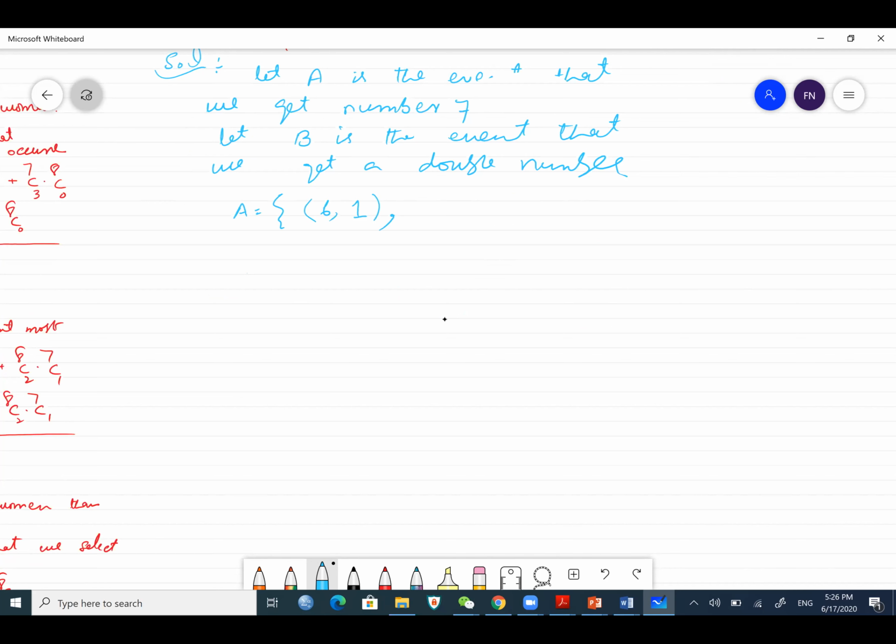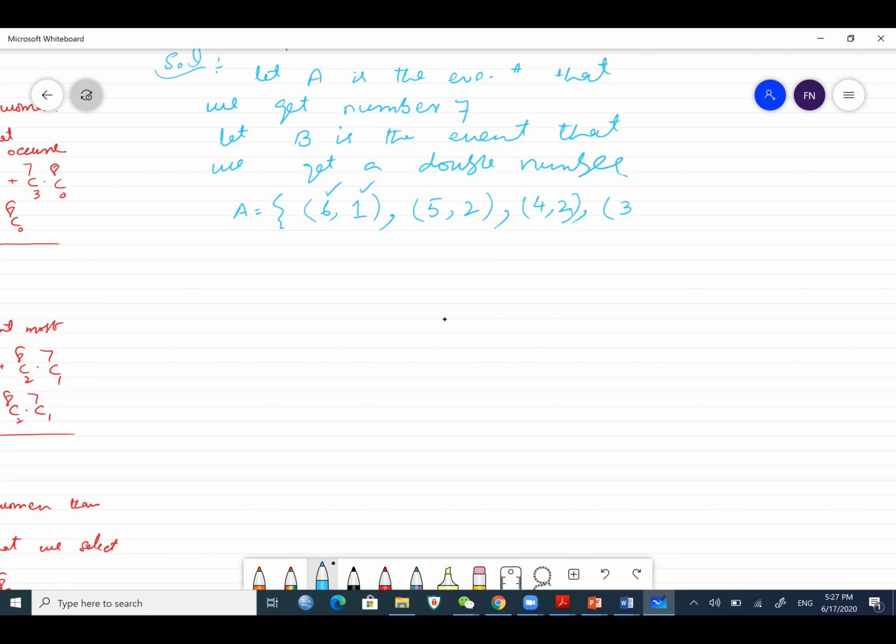Understand? Yep. If we get 5 on the first die and 2 on the second, keep decreasing the first number and keep increasing the second number, and you will get all the options. If we get 4 on the first die and 3 on the second die, still the sum is 7.